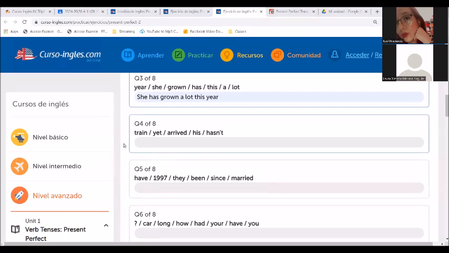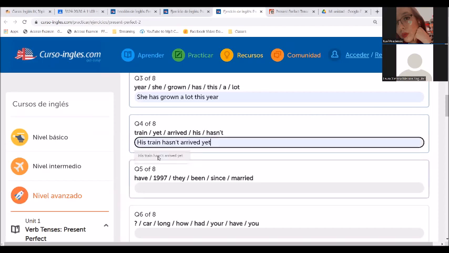Another ghost, the ghost of Andrea Maya. And Danny is very willing. Go ahead, Danny. His train hasn't arrived yet. Correct. Laura Jimena.